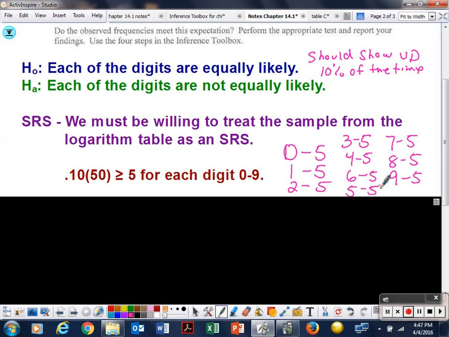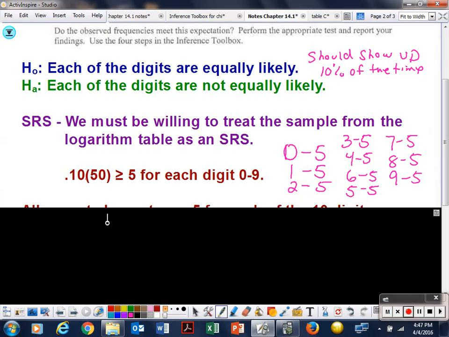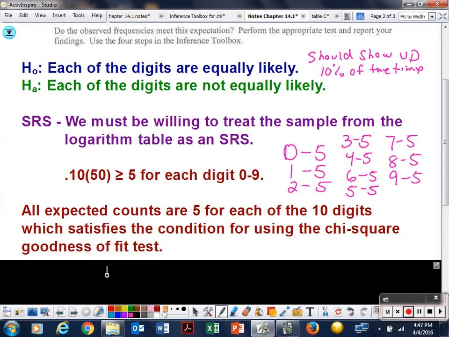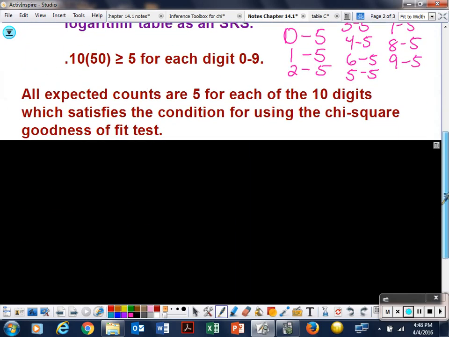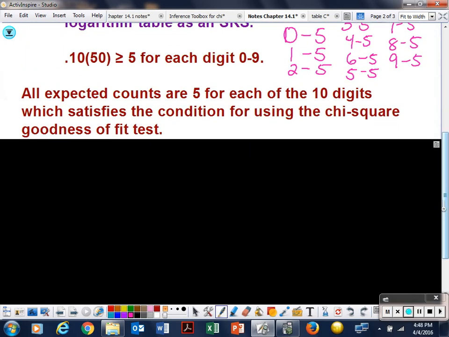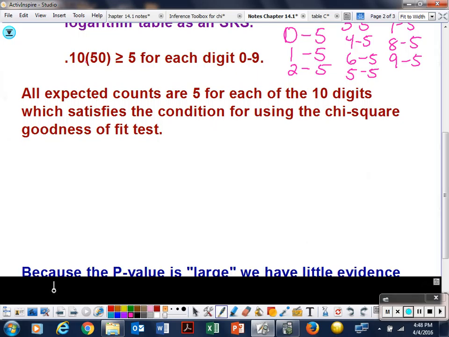There we go. Now, 0.10 times 50 is 5, so that condition is met. All expected counts are 5 for each of the 10 digits, which satisfies the condition for using the chi-square goodness of fit.